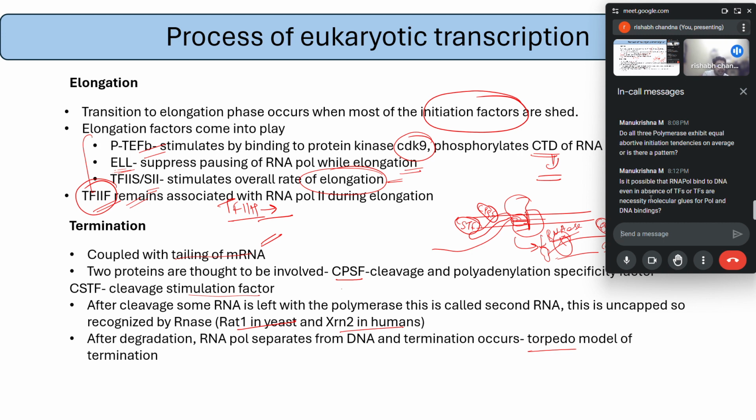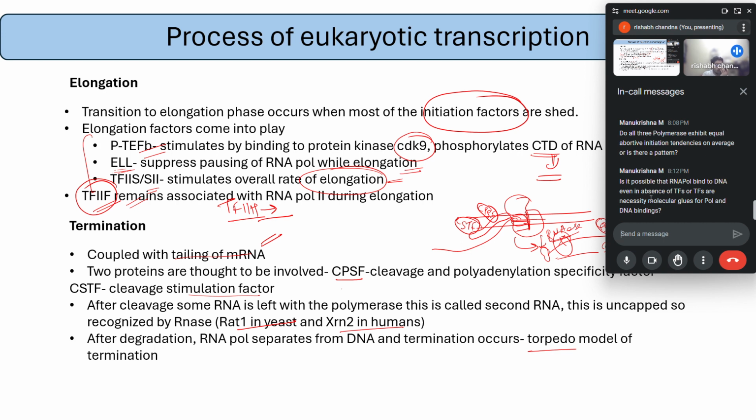Okay, and the other RNA polymerases do not have equal abortive initiation tendencies, because RNA polymerase 1 is required for rRNA synthesis, so the amount that is formed is more. And the abortive initiation tendency depends upon the strong or weak nature of the promoter also.